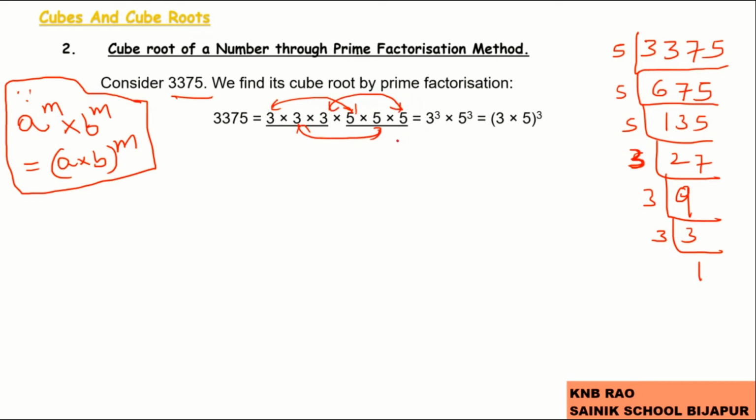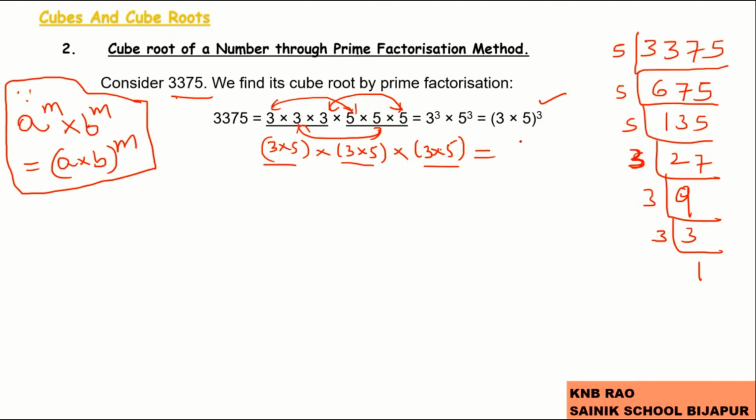I can write 3 into 5 into 3 into 5 into 3 into 5. That means this pair 3 into 5 is raised to the power 3 because it is multiplied by itself for 3 times.